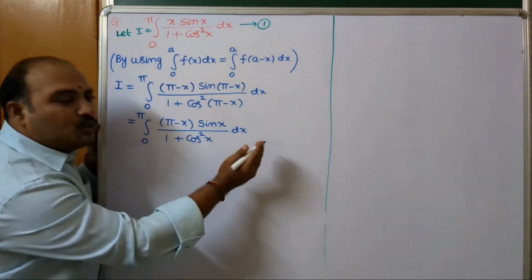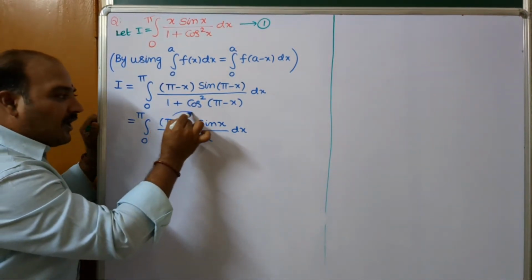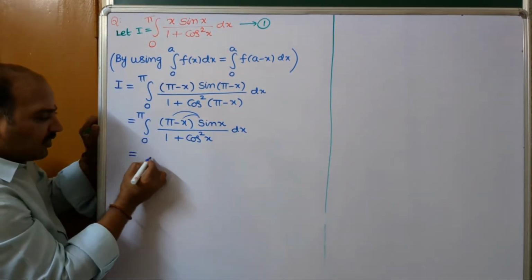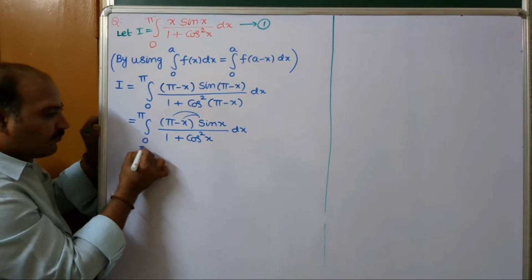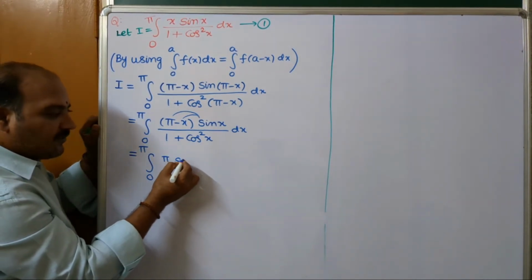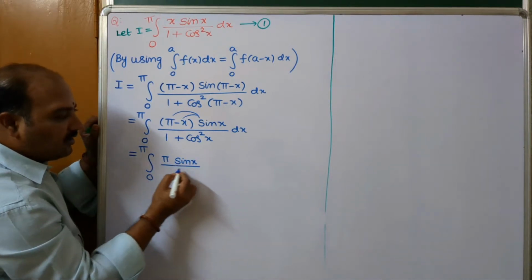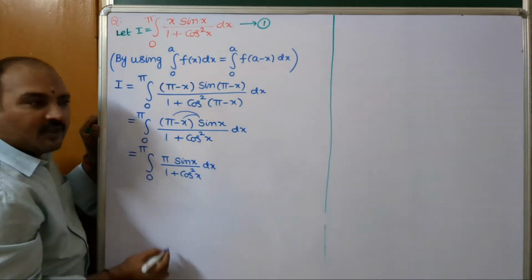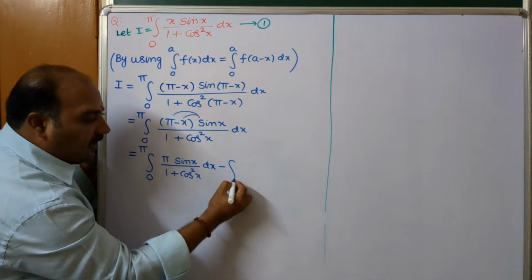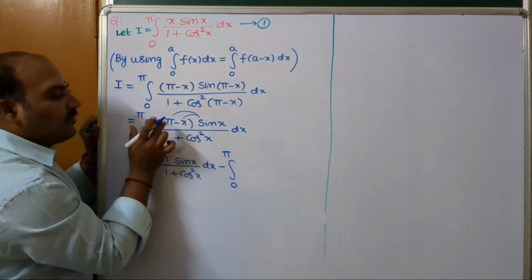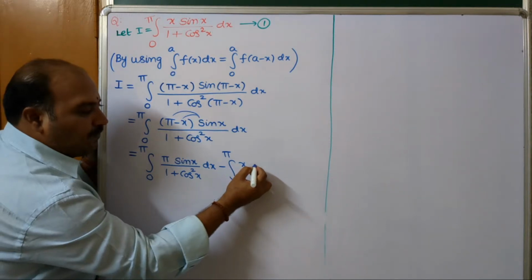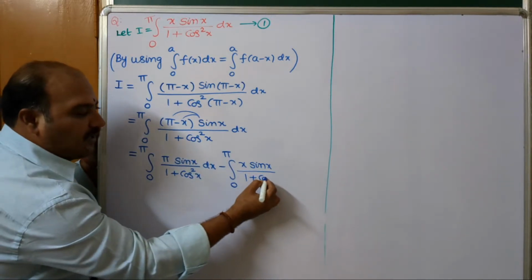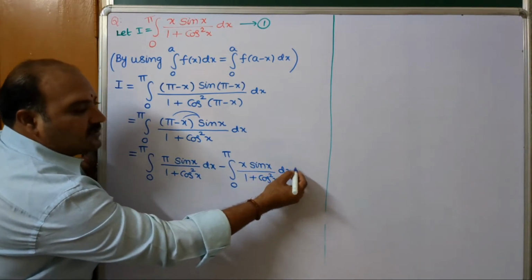Now we can split into 2 terms. Pi into sin x is one term, minus x into sin x is another term. So integral 0 to pi pi into sin x divided by 1 plus cos square x into dx, minus integral 0 to pi x into sin x divided by 1 plus cos square x into dx.